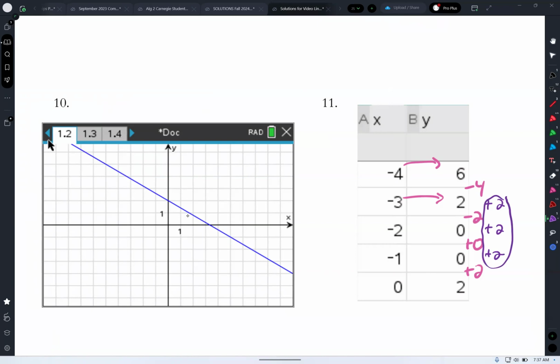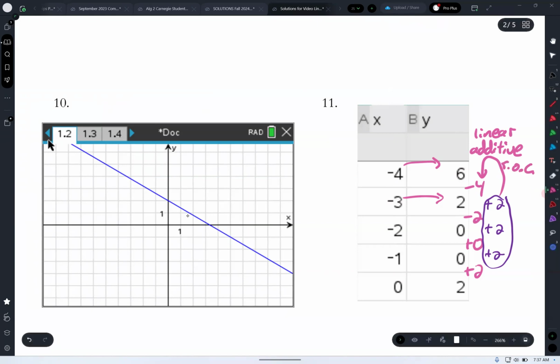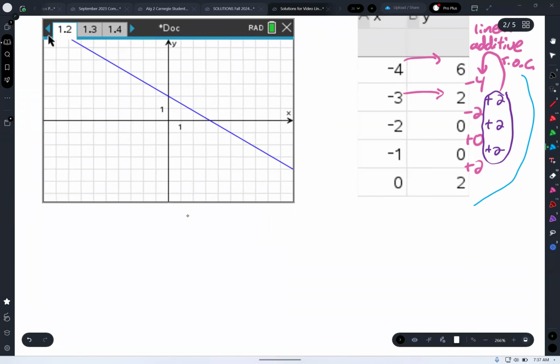Well, based on our conversations in class, because that's constant additive, this rate of change, remember, what has a constant additive rate of change? A linear, but that's not a linear function. It's a linear additive rate of change. And because it's a linear additive rate of change, I know that this is a quadratic function. So I'm not writing an equation for this, not yet.